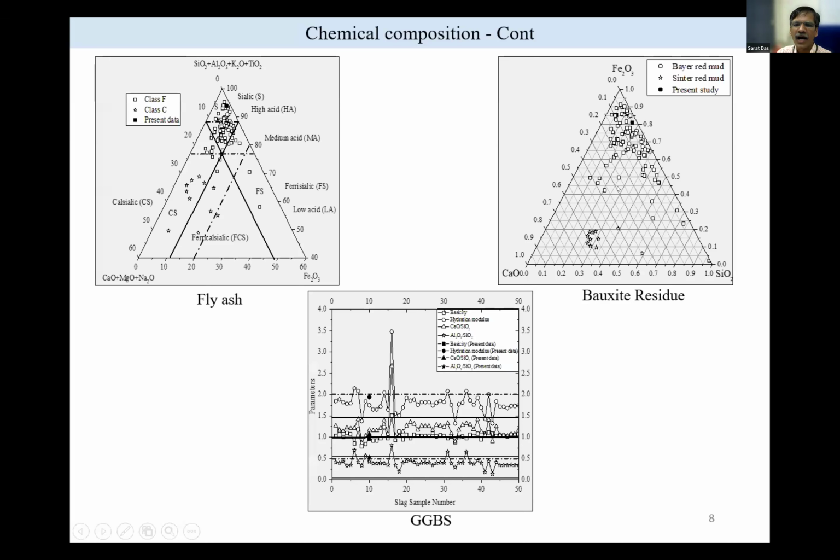And then, as I said, along with the coal combustion waste, I also use, in comparison to this, two other industrial wastes. One we call bauxite residue, from the aluminum industry. There, if I plot it, you see it is more towards the iron. So now the effort by the mineral industry is to extract iron. Once the extraction is done, this will further help us to use it as a geomaterial.